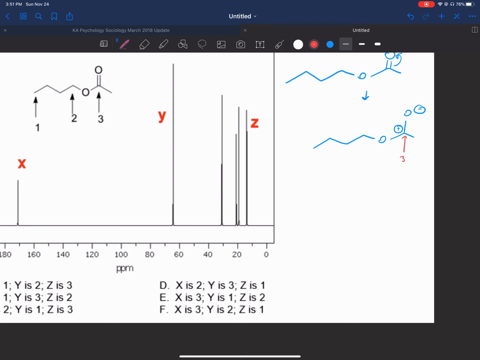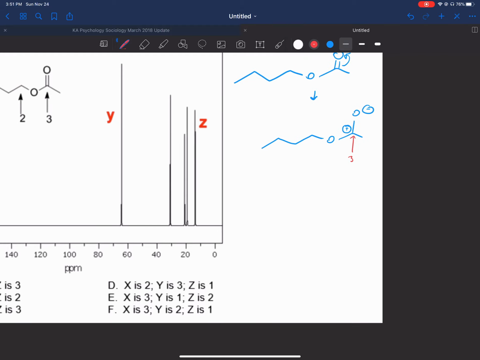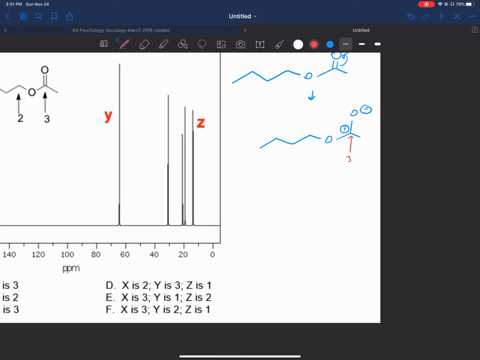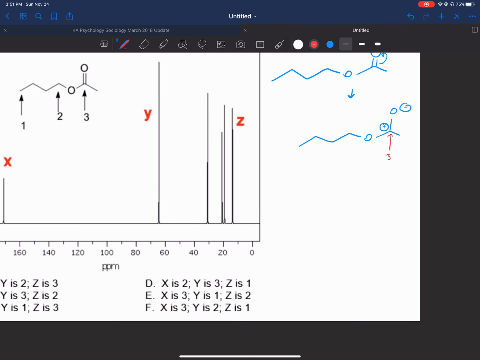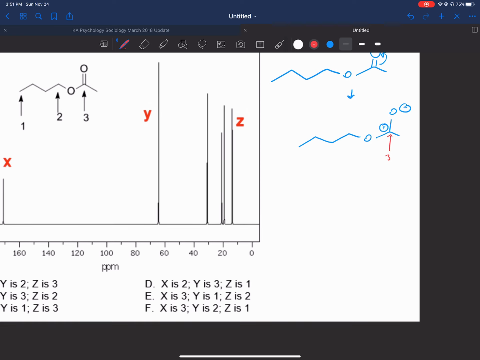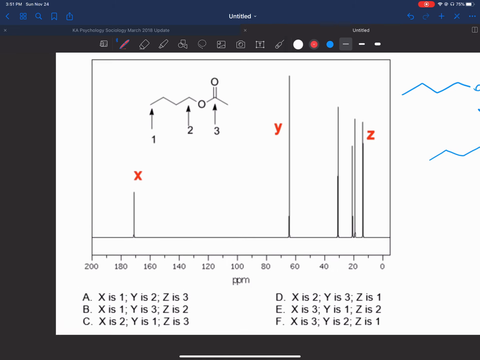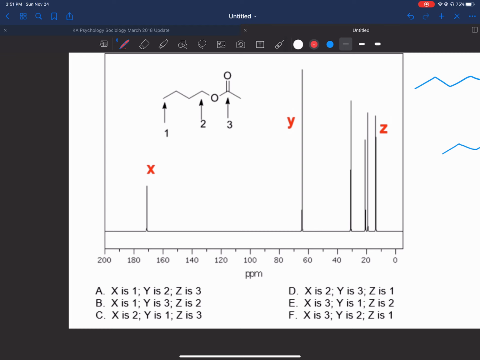We deshielded it. We took electrons off of it. Because we did that, we're going to be as far to the left as possible compared to the other carbons, because through resonance we were able to do this. Full positive charge. So X should be this, so X would have been 3.